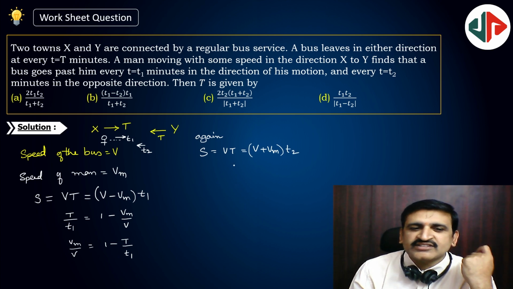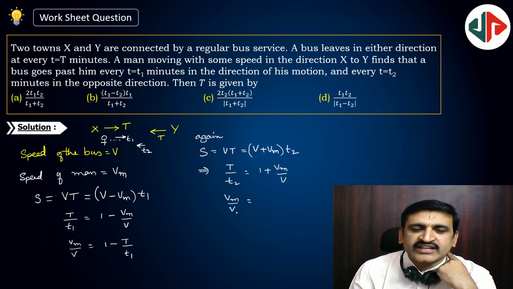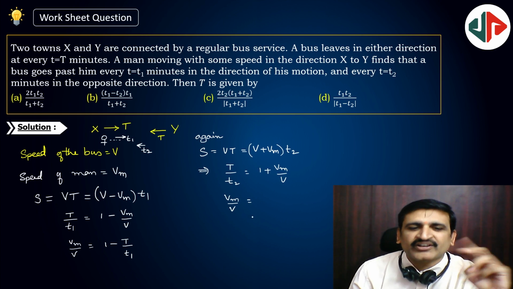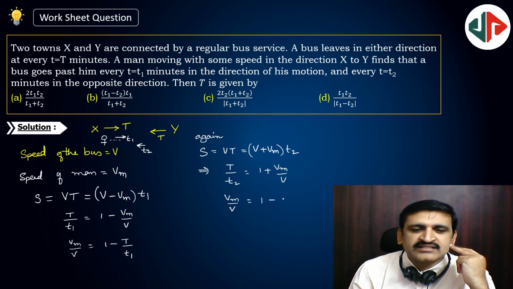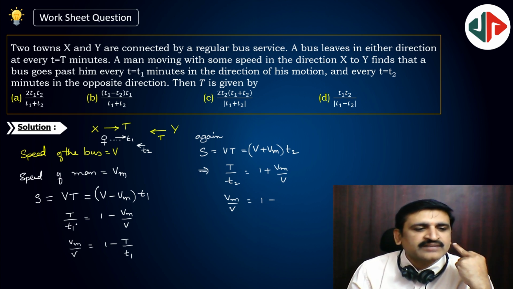So very similarly, capital T by t2 is equal to 1 plus Vm by V. I'm just taking these two equations and I will relate t1, t2 and capital T. In the first, Vm by V is 1 minus T by t1.